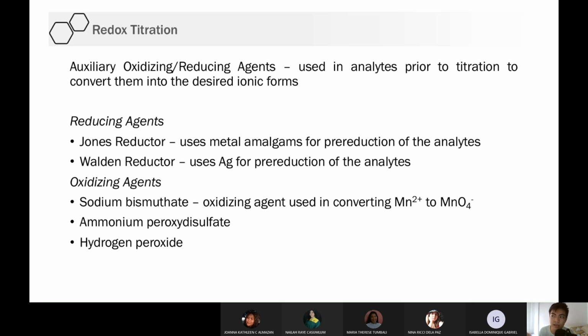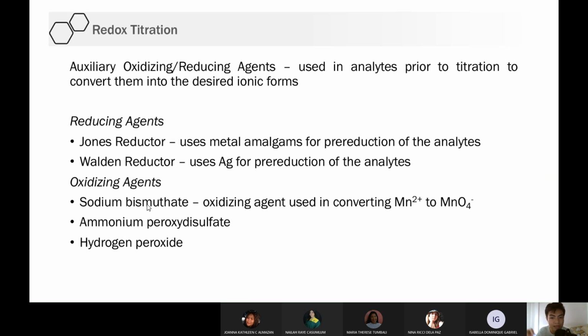So, hinahalo lang yan sa kanila. For example, pag reducing agent, ito yung mga chemicals, no? The Jones reductor, the Walden reductor. So, this is used when reducing the analyte. If your analyte is an oxidant naman, you use any of this: sodium bismuthate, ammonium peroxydisulfate, and hydrogen peroxide.